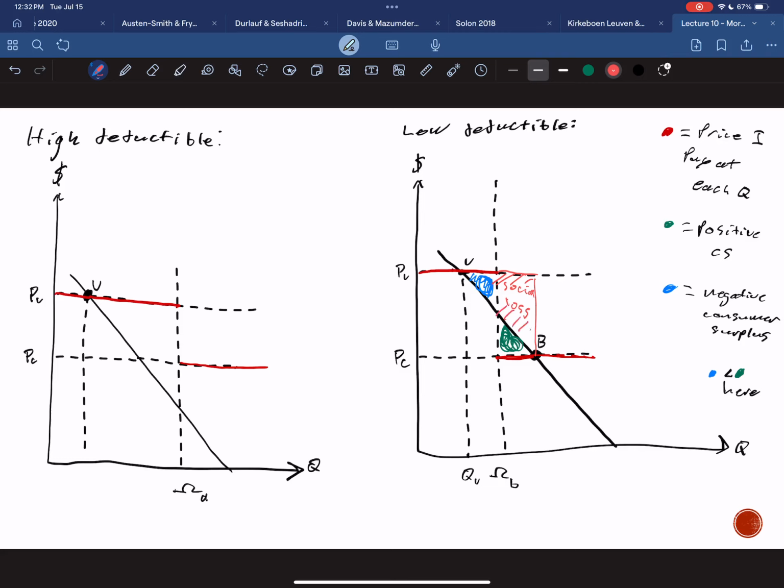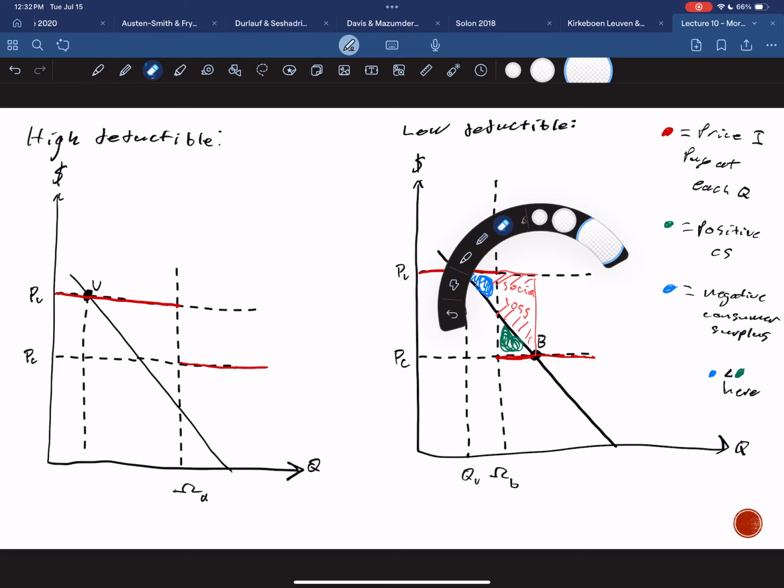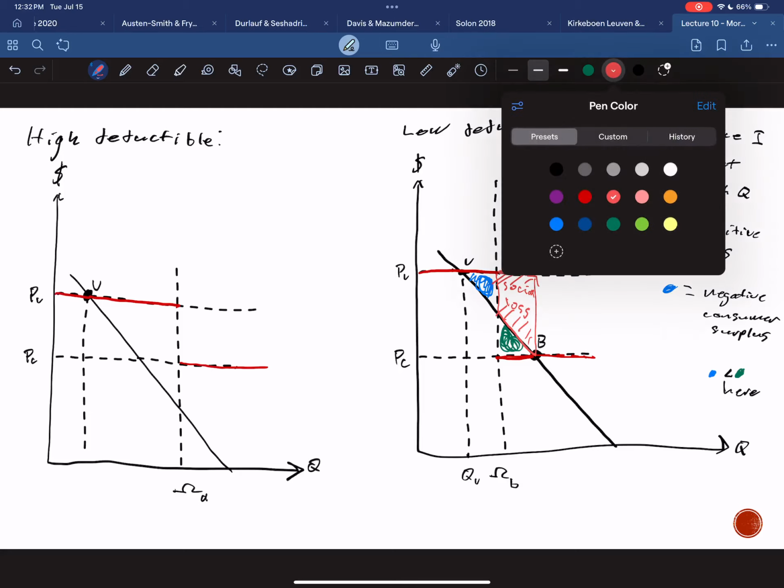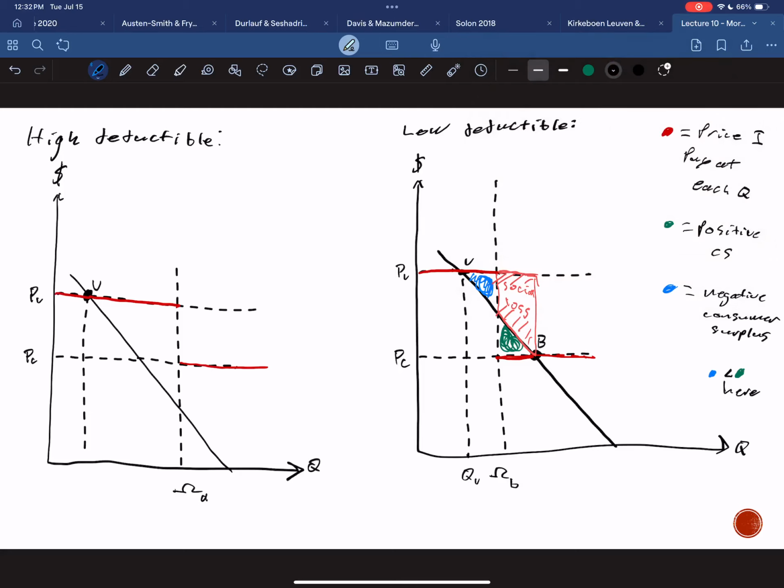Right, so social loss is in this sort of trapezoid, right? Which is smaller than it was before the deductible, right? So there's no social loss if your deductible is high enough because you're effectively uninsured. But if you have a low deductible, there is still some social loss.